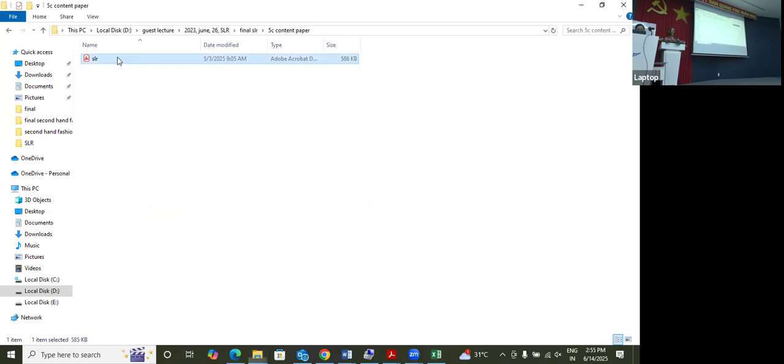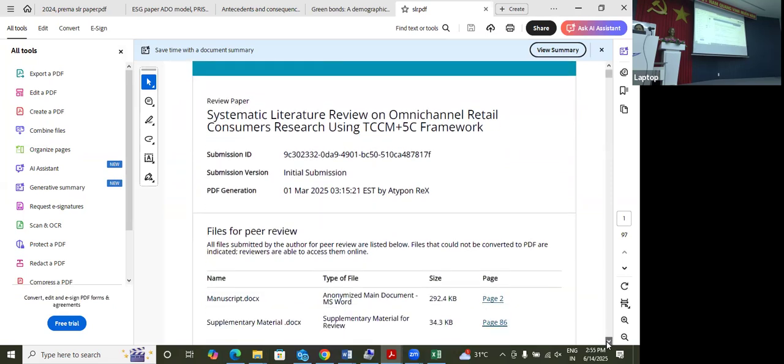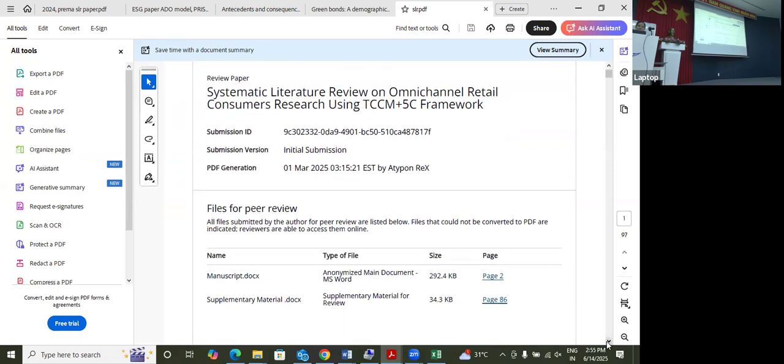Yeah, I think it is there. Okay, just have a look at this. You can also frame your model as well.